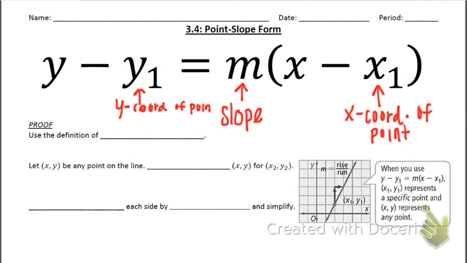Okay, the x and the y, so just the straight x and y, those stand for any x and any y. So they stay as variables, okay? But the x1 and the y1 are going to actually be coordinates. Now, what do you notice about the x1 and the y1? What's being done to them? They're being subtracted.